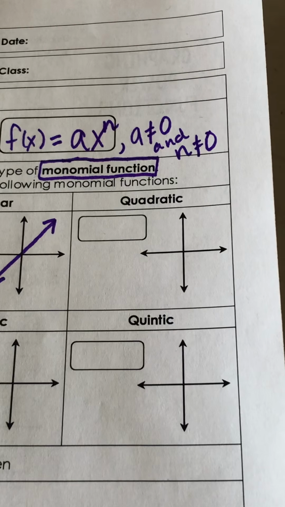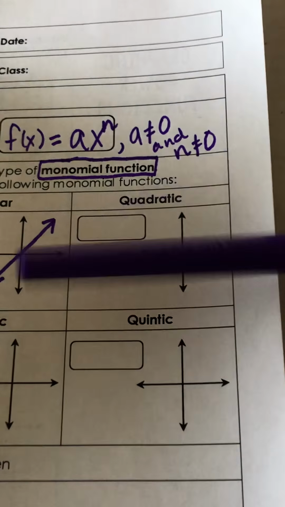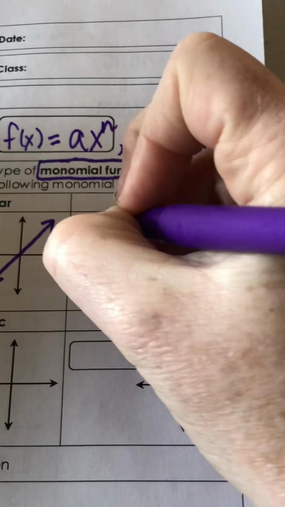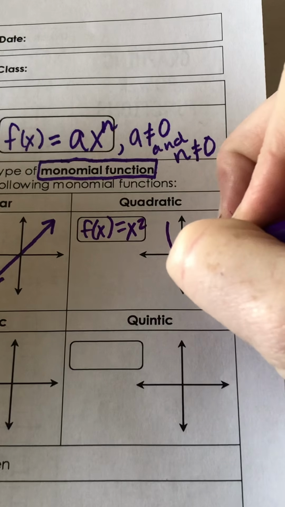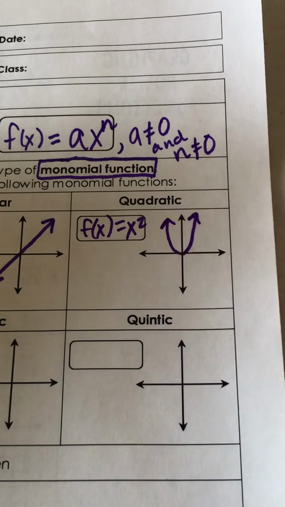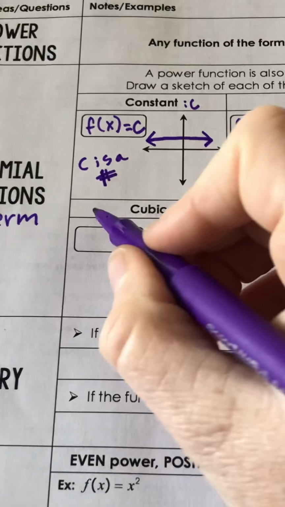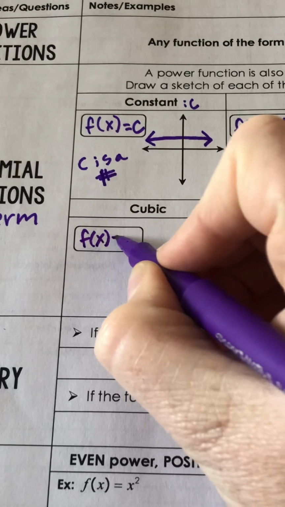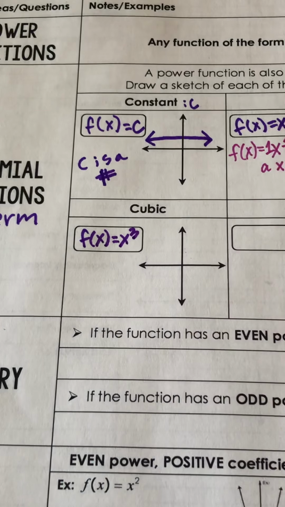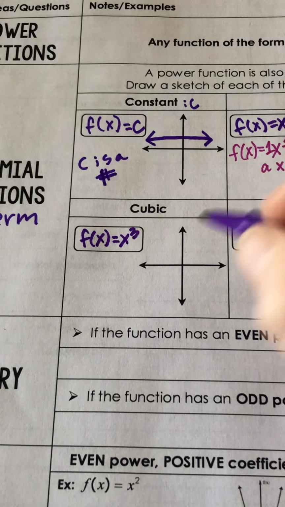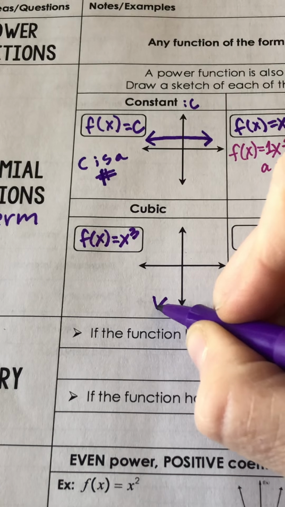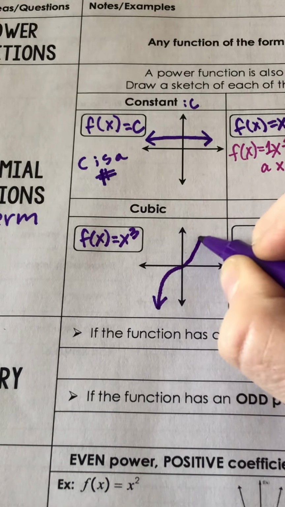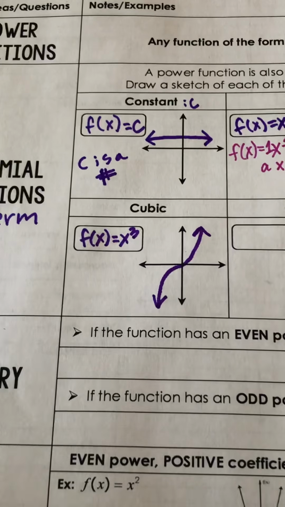All right, quadratic. That parent function we should know by now. F of x equals x squared. It's going to be a u going through the origin. Cubic. F of x equals x to the third. So it's going to kind of snake up, and it starts pointing down and increases through the origin and back up.